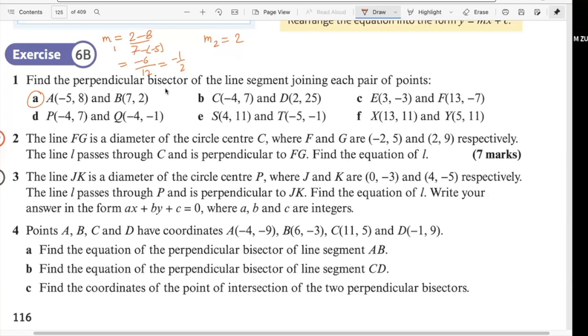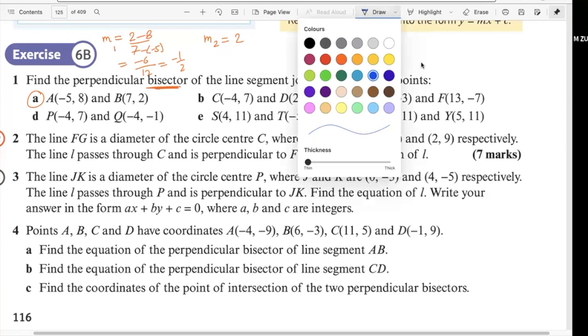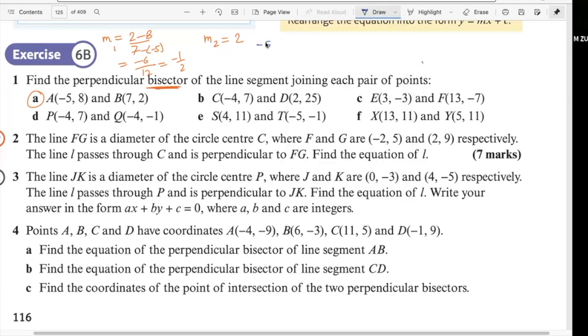Now I need the point where it passes through. Perpendicular bisector. Using the word perpendicular, I have the gradient. Bisector would mean midpoint. So going for midpoint: x1 plus x2 over 2, y1 plus y2 over 2. 7 minus 5 is 2 over 2, 1. 8 plus 2 is 10 over 2, 5.